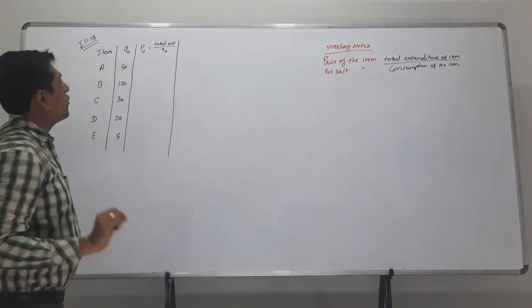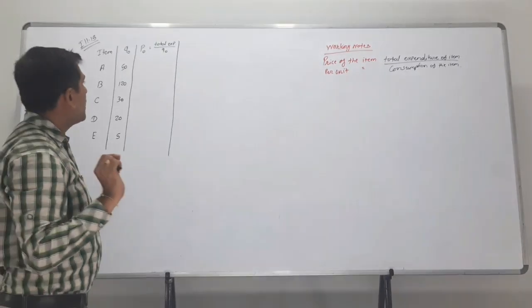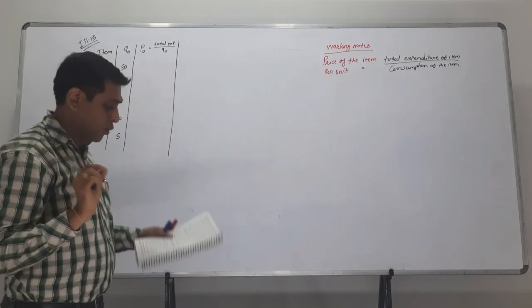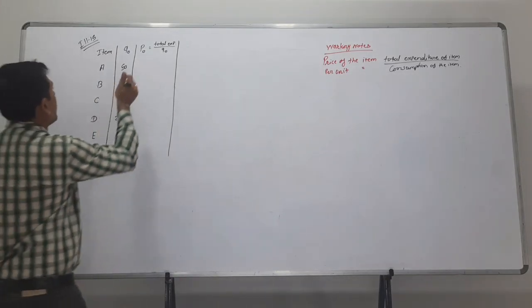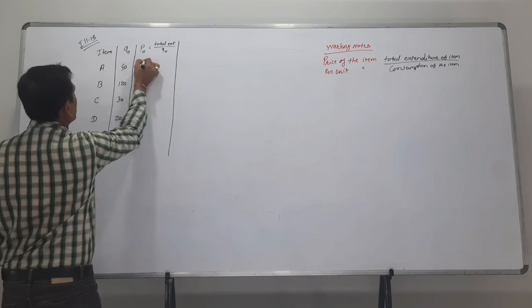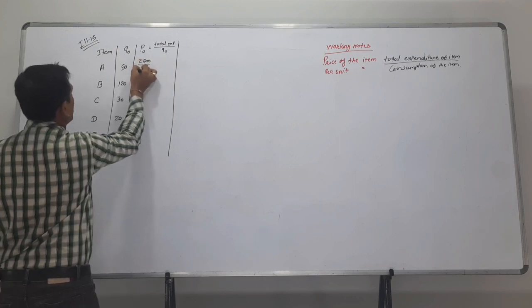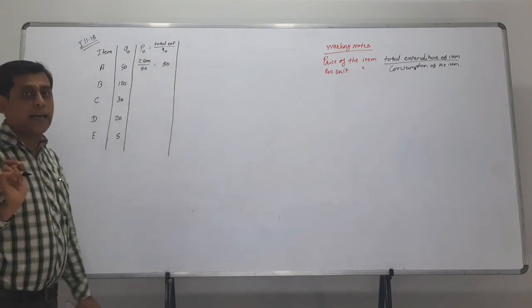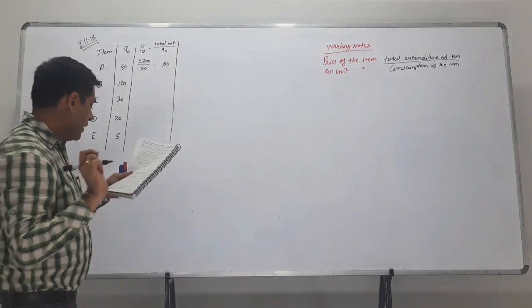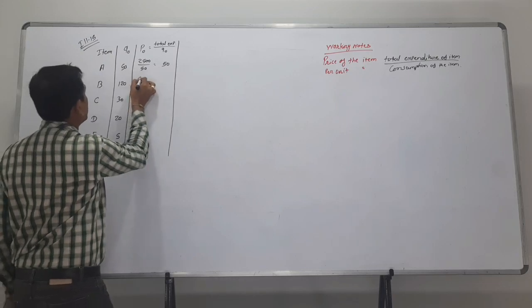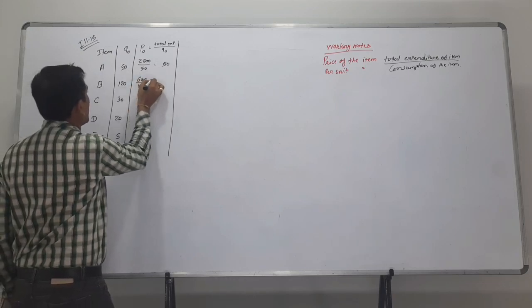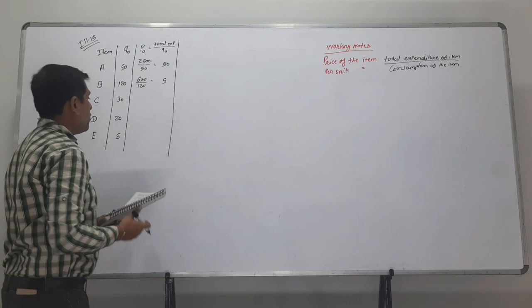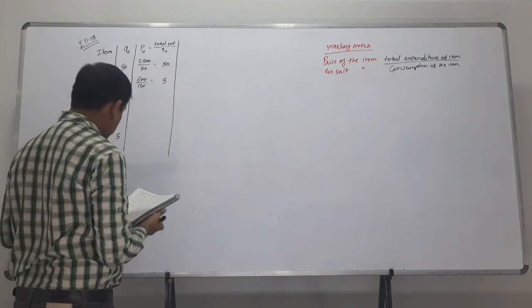So here 2500 divided by 50, that is 50, your P0 for item A. Next one is 600 divided by 120, that's why 5 is the answer.